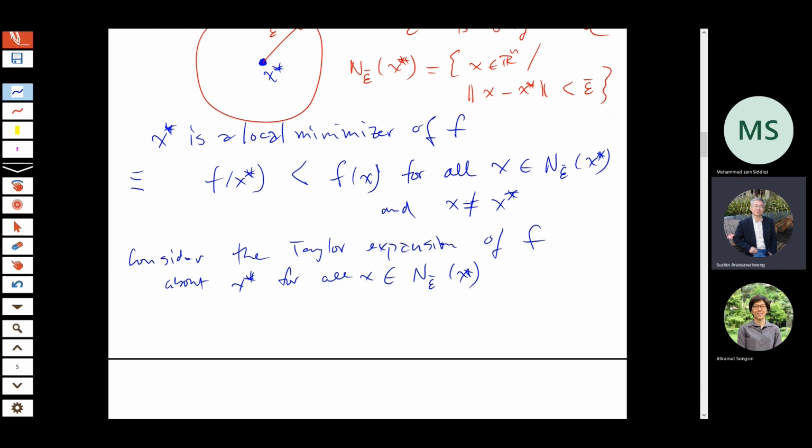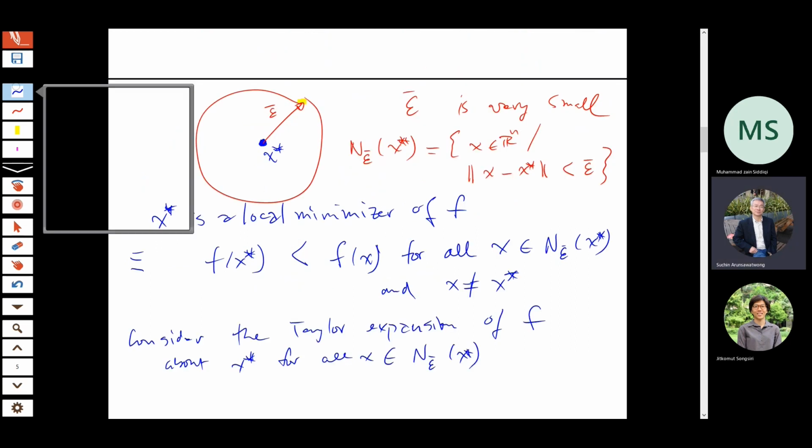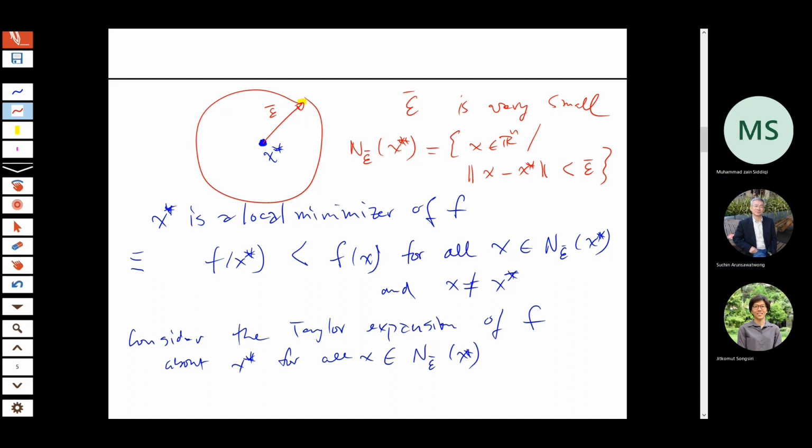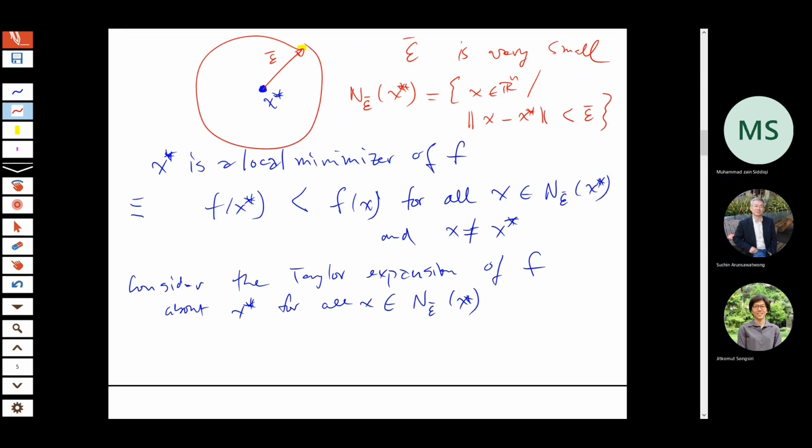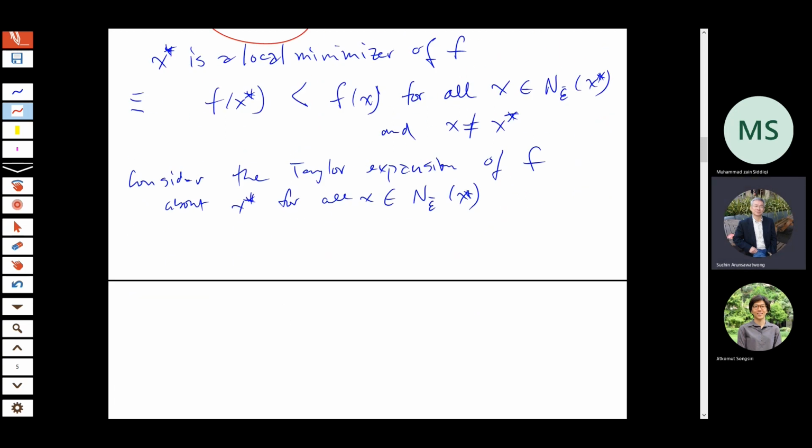How can we represent this? You can go in any direction around the point x star, and for any direction that you move away from x star, as long as the point is in this open ball, then f of x star must be less than f of x. Now we will look at the Taylor's expansion of all these points around x star.